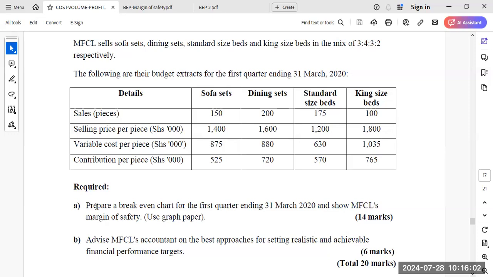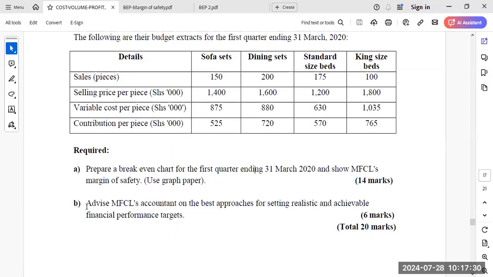So I told you to prepare a break-even chart for the first quarter ending 31st March 2020, and we show this company's margin of safety on the graph.